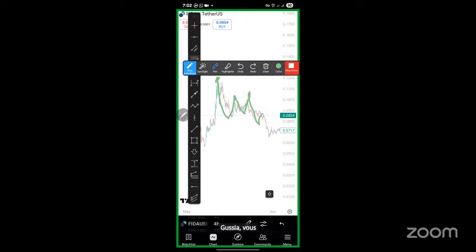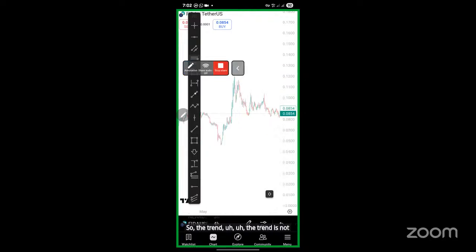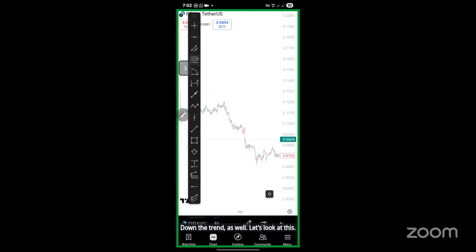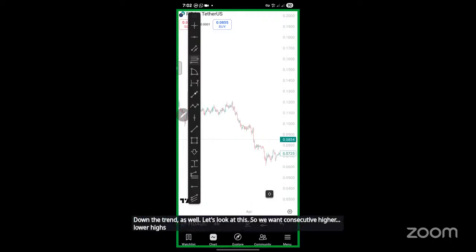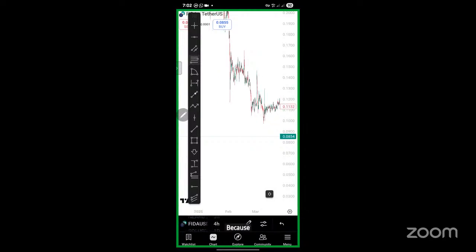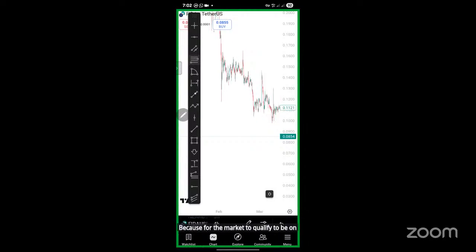So the trend is not all that downtrend as well. We want consecutive lower highs and lower lows. For the market to qualify to be on a downward trend, it forms lower highs and lower lows.